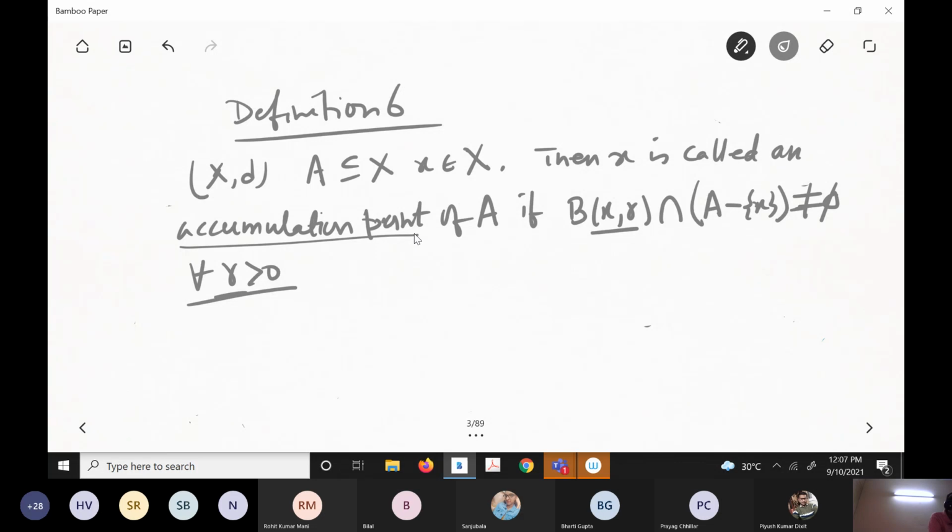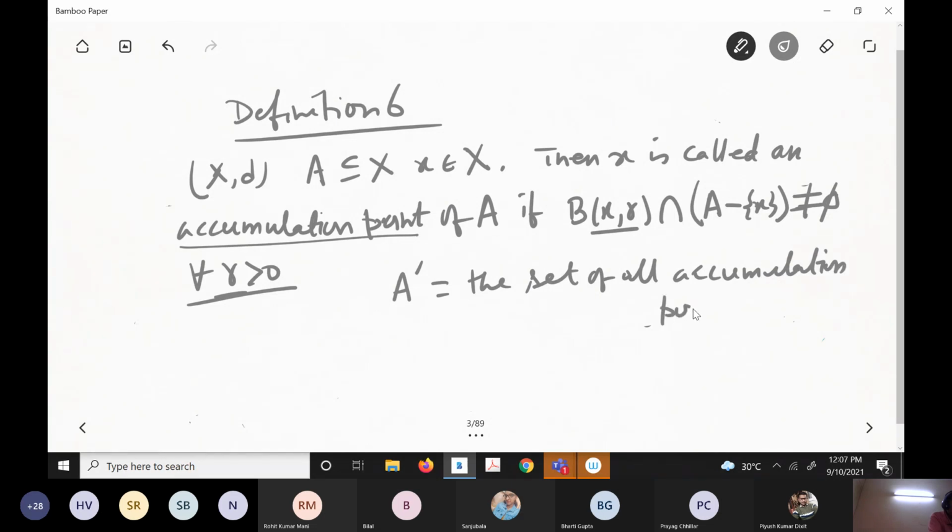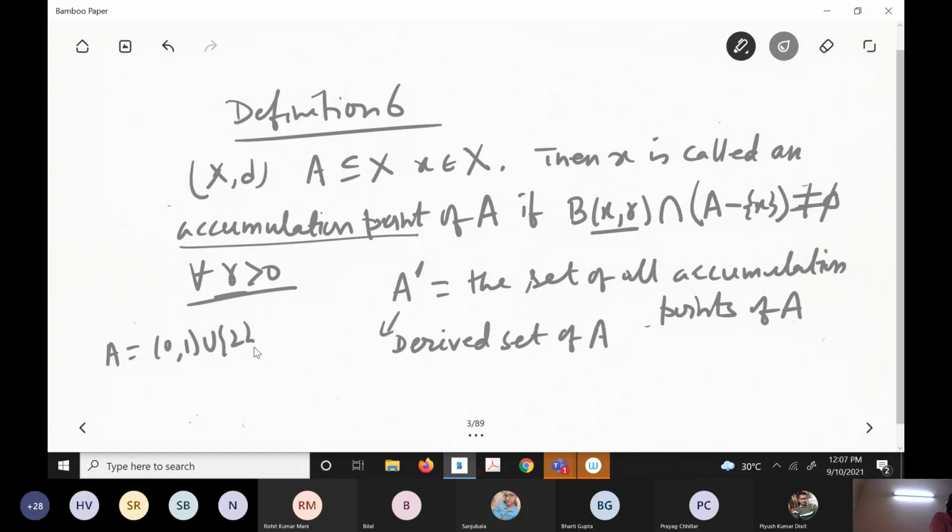Now, definition 7: A prime is the set of all accumulation points of A. It's like the derivative sign, and it is also called the derived set of A. Now look at the previous example in this metric space.